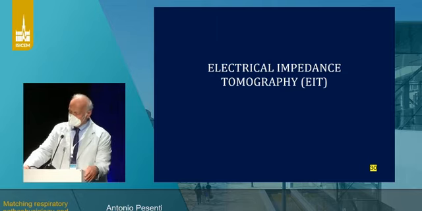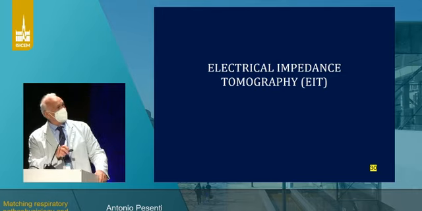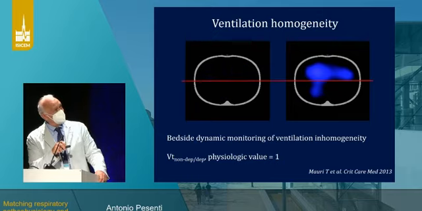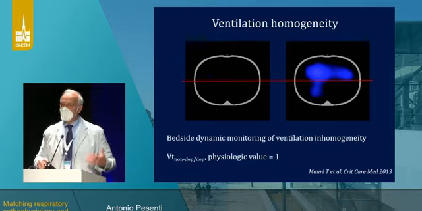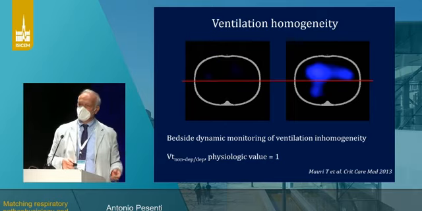The last thing I want to talk to you about is electrical impedance tomography. Electrical impedance tomography moved from photography to TV, and we can actually see the ventilation. We can see how homogeneous the ventilation is.